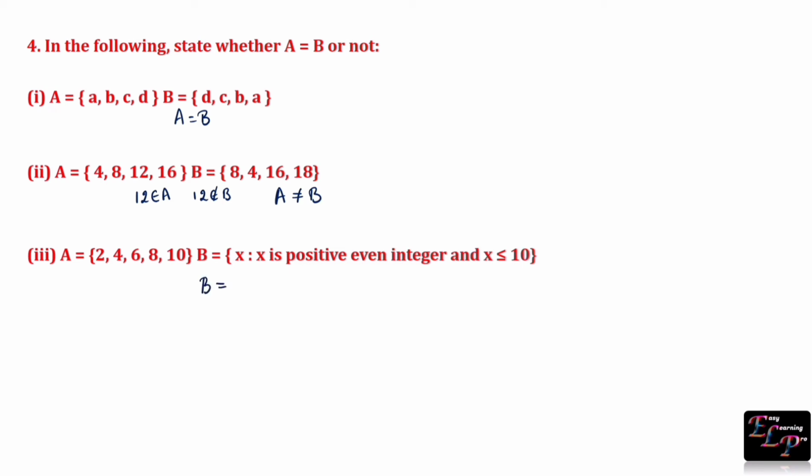Here x is a positive even integer less than or equal to 10. So the elements are 2, 4, 6, 8 and 10. Now compare set A and set B. All the elements are the same. So set A is equal to set B.